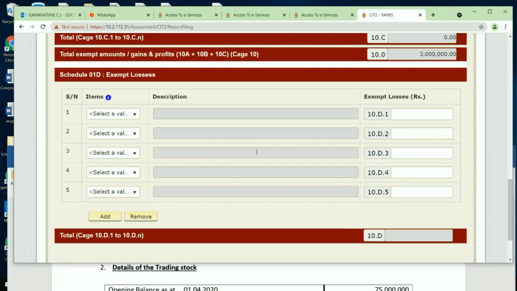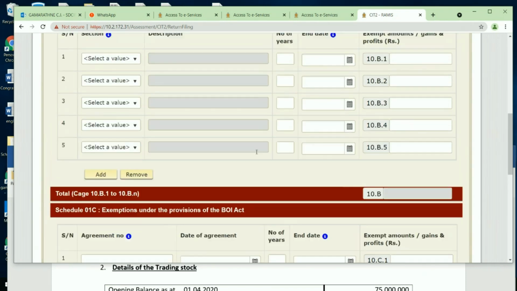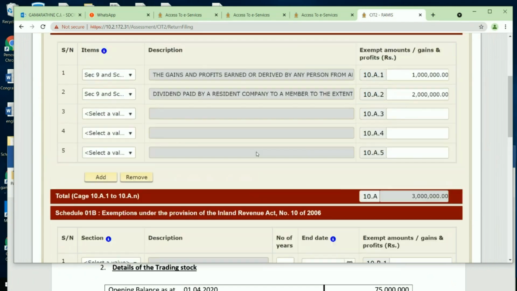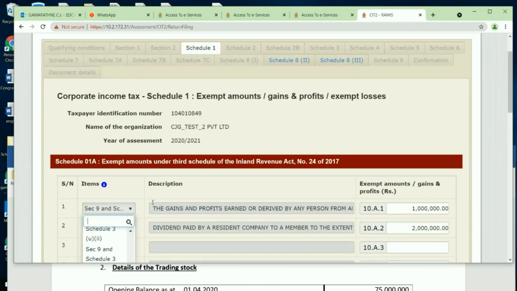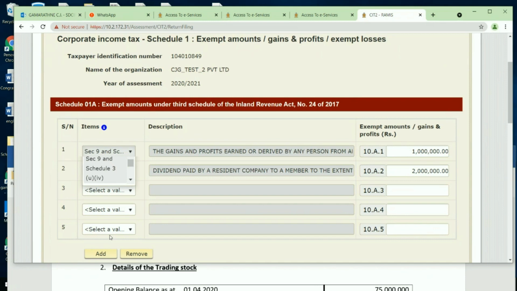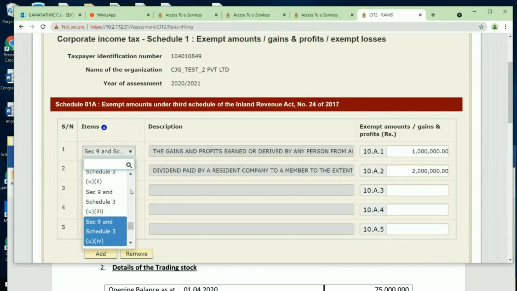Under A, we have to mention the exemption amount arising from the Inland Revenue Act number 24 of 2017, right? If you claim any exemption, you have to select the item under the relevant section.